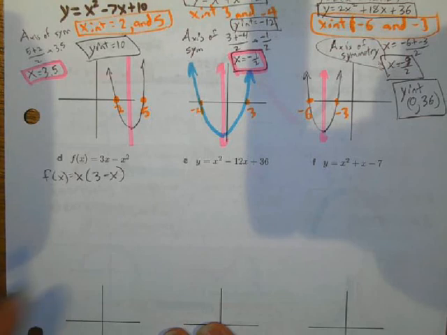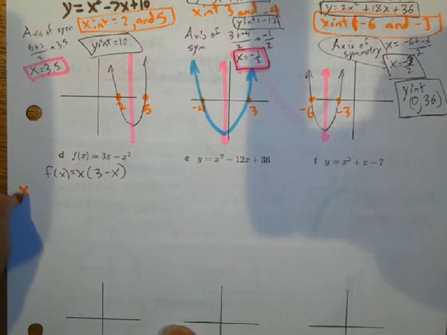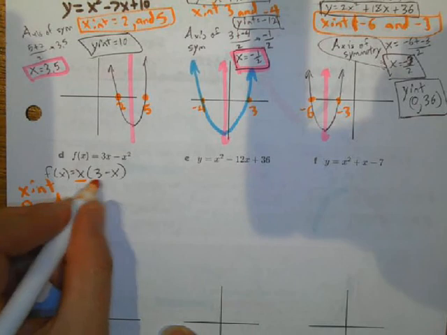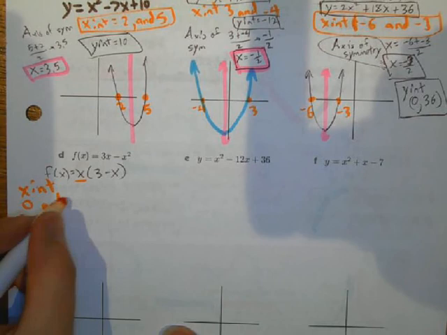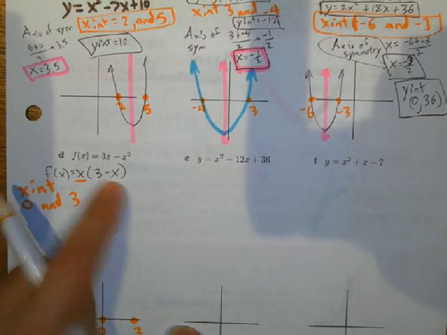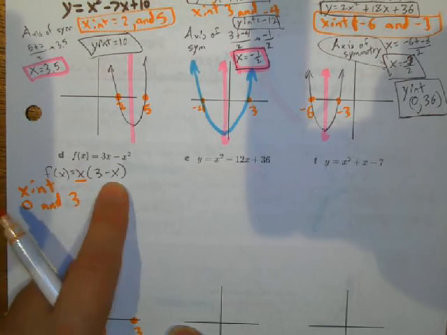So for the x-intercepts, it happens at 0 for this factor, and then what makes the other factor equal to 0 is if x is 3, since 3 minus 3 is 0. So when x is 0 and when x is 3.